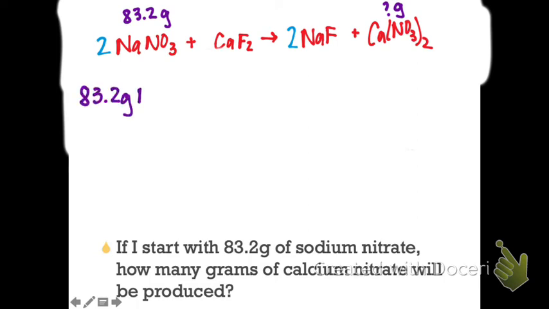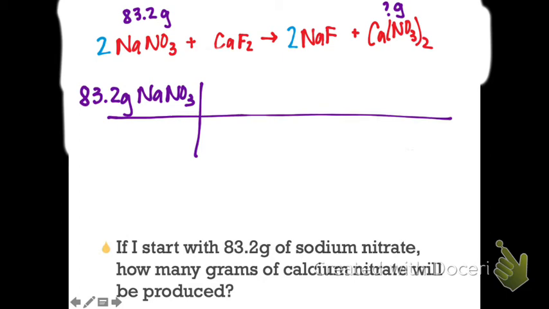83.2 grams of NaNO3. And I'm going to convert. I have to cancel grams of NaNO3 first, and I'm going to go to moles because we said moles is our middleman. So moles of NaNO3. That becomes the next thing we cancel. NaNO3.